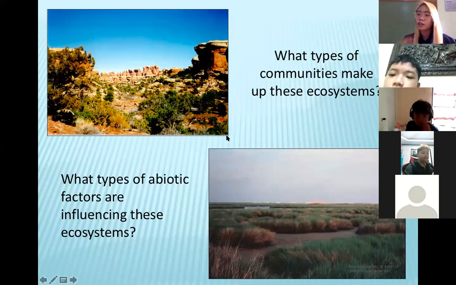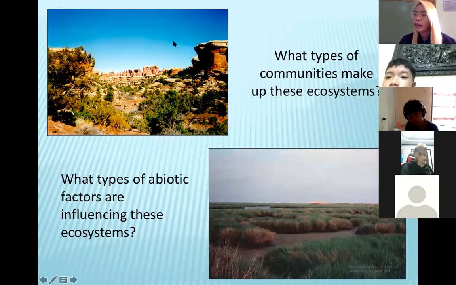And because they don't have a lot of rainfall, ibig sabihin, walang plants or very little to no plants can grow in the Arctic and in the Antarctic. So because of that, very few yung animals that are able to live and thrive in these ecosystems.